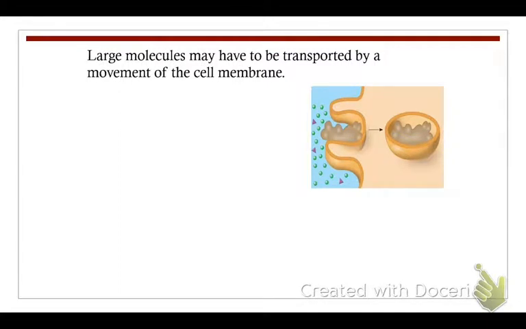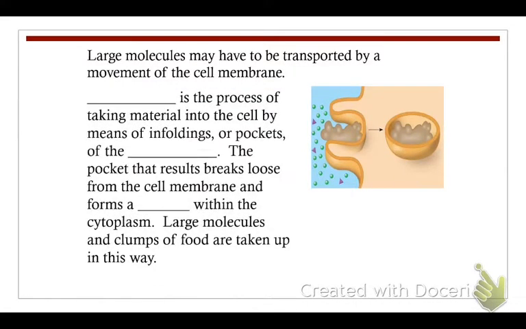Now, large molecules may be transported by the movement of the cell membrane itself. Endocytosis is the process of taking material into the cell by means of infoldings or pockets of the cell membrane. So the cell makes little arms and hugs the material all the way until it just pulls it inside itself.